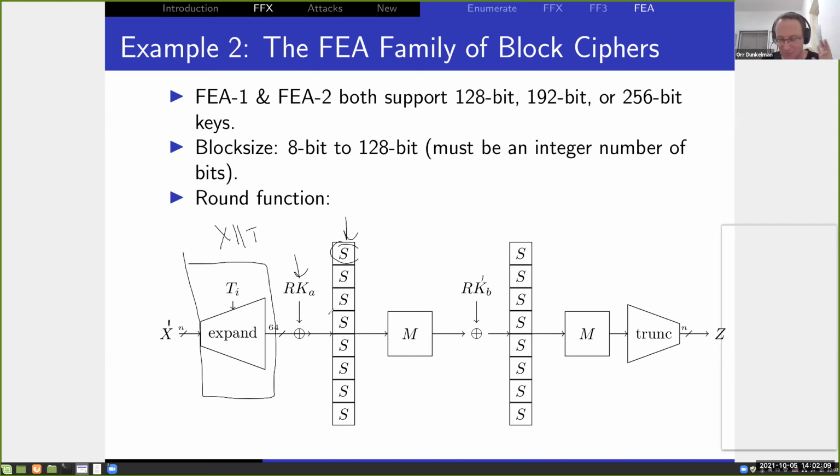If not, just wait till the end. And then because of the MDS matrix, you're going to have all these S-boxes active. And then there is another MDS matrix, and then you truncate. You just pick the n bits that you need to add to the other side. So a very nice function, very efficient. I mean, this is like half a round of AES or 1 round of AES, so you can do it significantly faster.